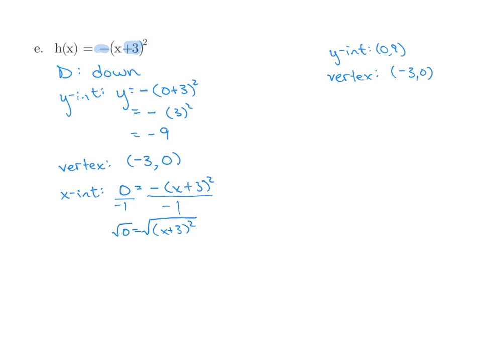I take my square root. Again, I don't need plus and minus because it is a 0. And then we subtract 3 from both sides. And we do, in fact, get that our x-intercept is negative 3, 0.